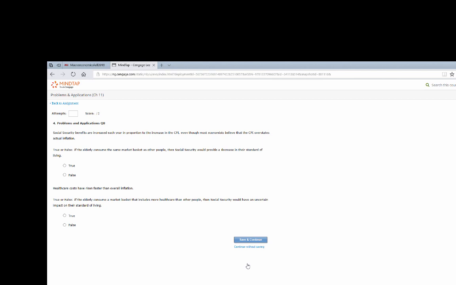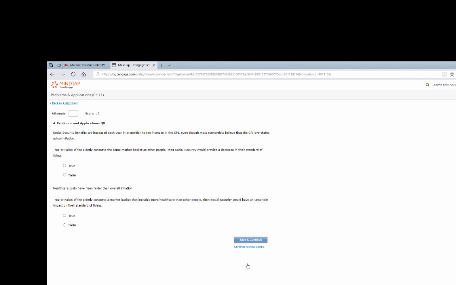It's asking you, if the elderly consume the same market basket as other people, then Social Security would provide a decrease in their standard of living. So what you're told at the beginning is Social Security benefits today are attached, if you like, it's one way of thinking of it, to what's going on with your consumer price index.